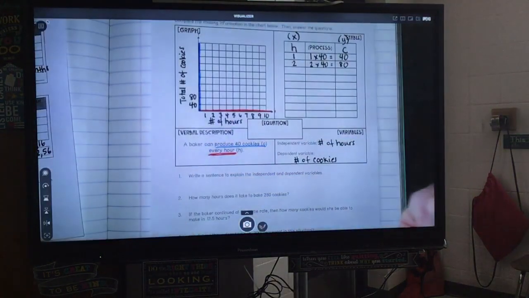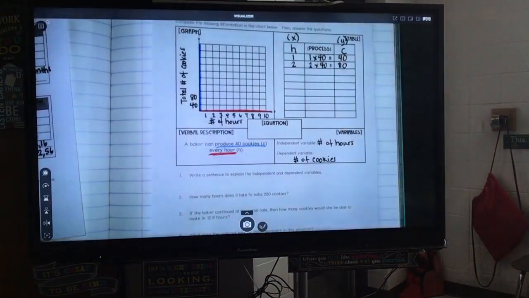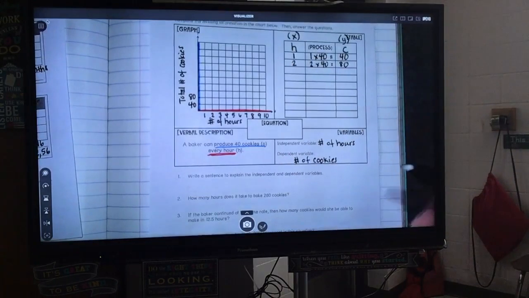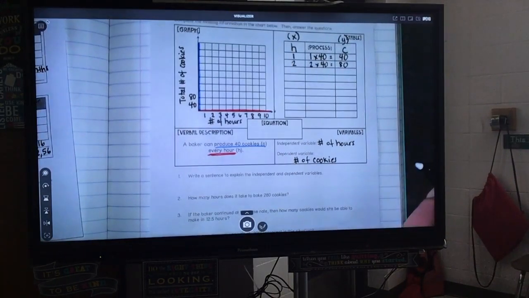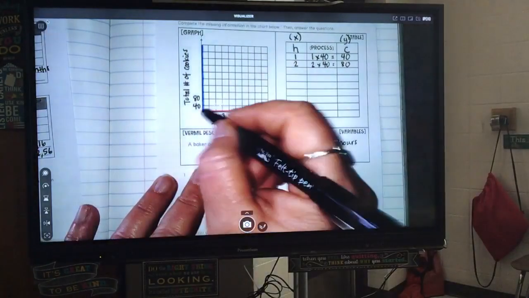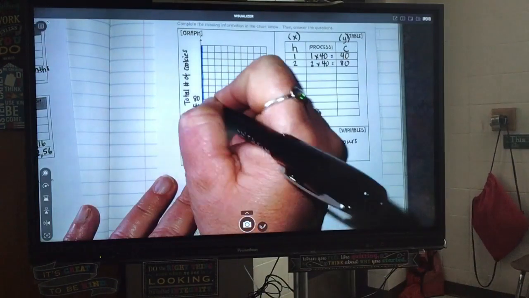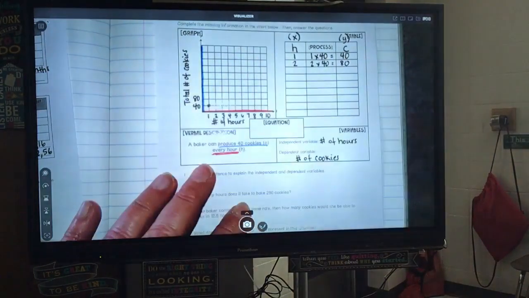What if I wanted to graph and put a point from my first set of coordinates, 1 and 40? What would I do? Kylie? On the x coordinate you go to 1, and then you go up to 40. Right, so to graph 1 and 40, I'm gonna go 1 to the right, and then I'm gonna go up to 40, and I'm gonna put a dot right there.